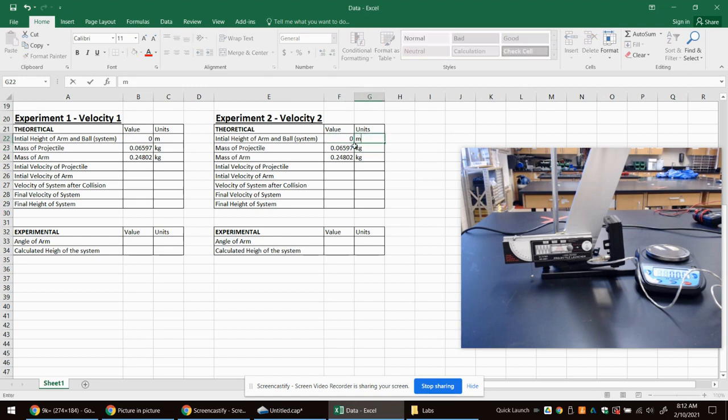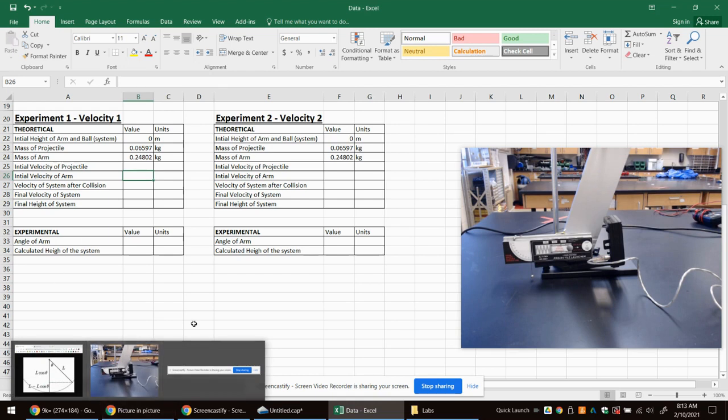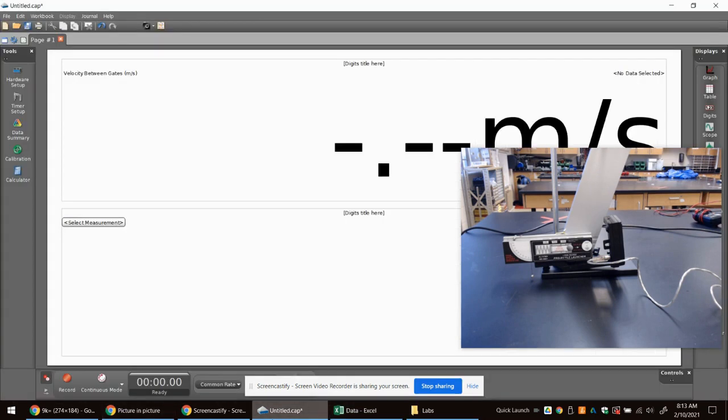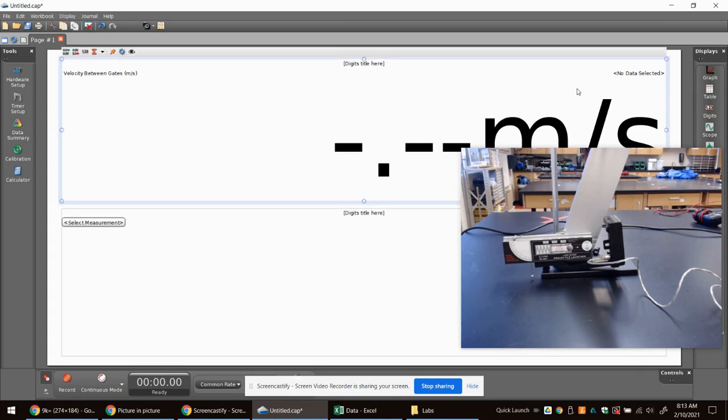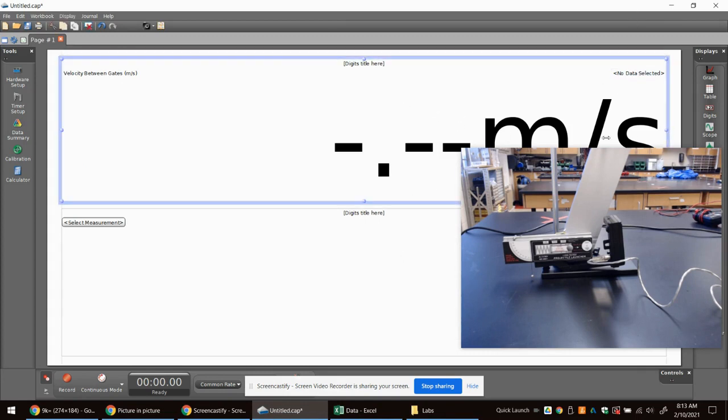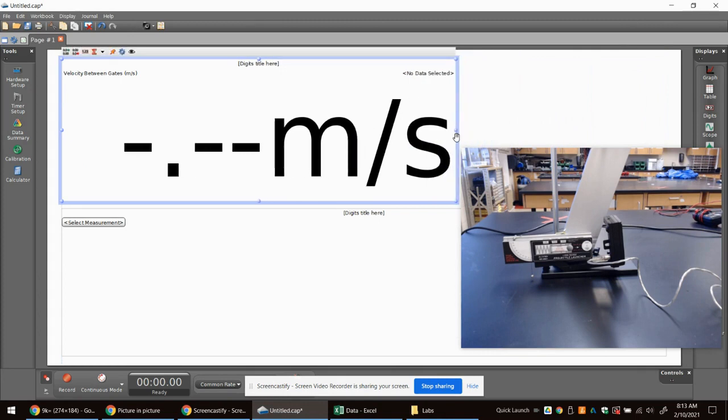So we are now going to measure the initial velocity of our projectile. To do that, we're going to use the Pasco system like we did previously to calculate the velocity. I have this already set up, where I've attached the photo gate to the Pasco.